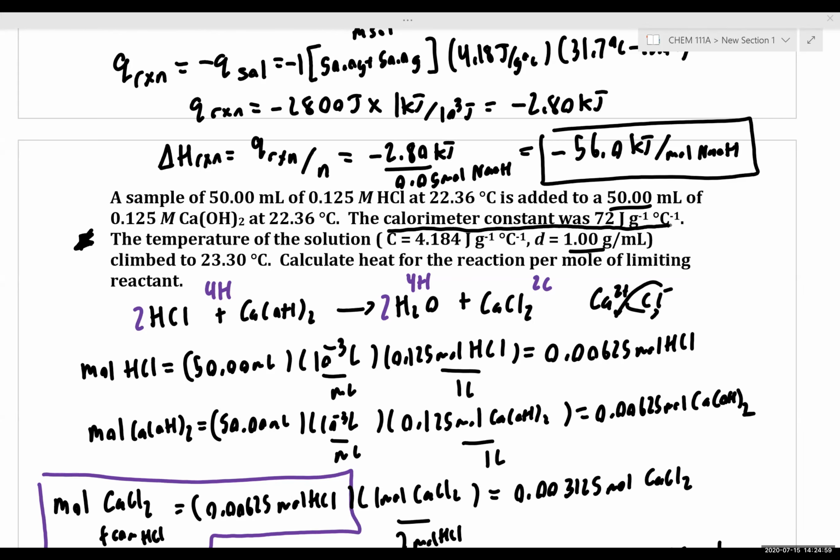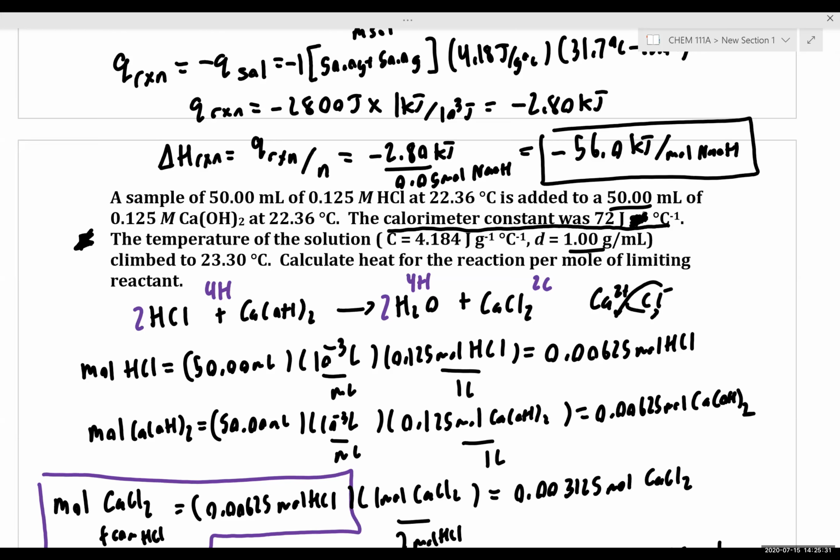It should just be joule per degree Celsius. Yeah, the calorimeter constant is just written as heat capacity, not specific heat. But the fact that we're given a calorimeter constant means that we have to account for the heat absorbed by the calorimeter in our heat exchange equation.